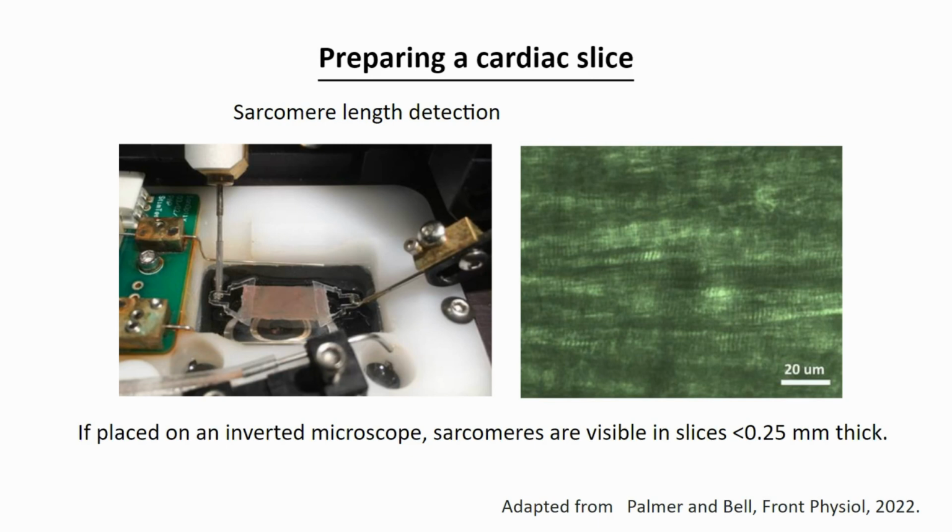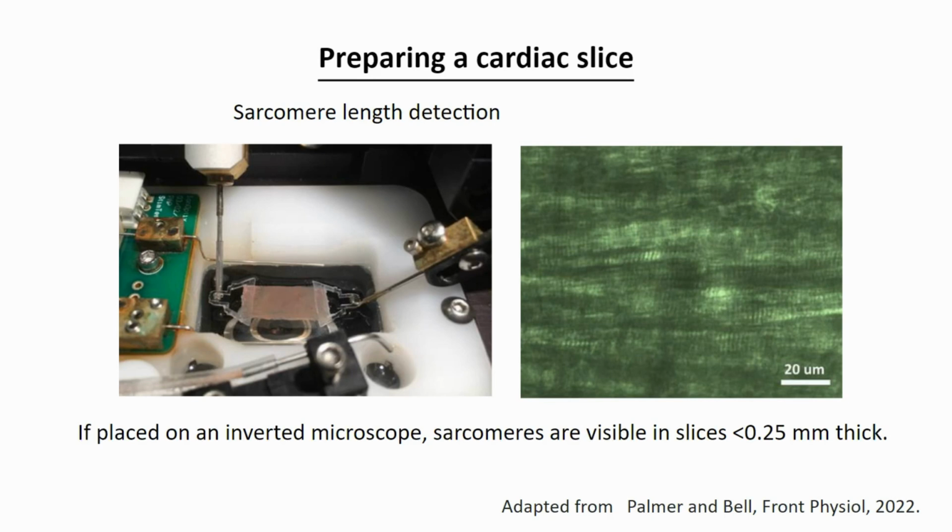One of the last things to do as part of the preparation is determine the starting length of the cardiac slice. In the image on the left, you can see that there is a microscope objective sitting just below the slice. So I've put this apparatus on an inverted microscope.